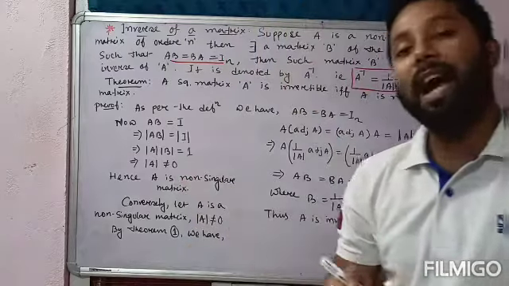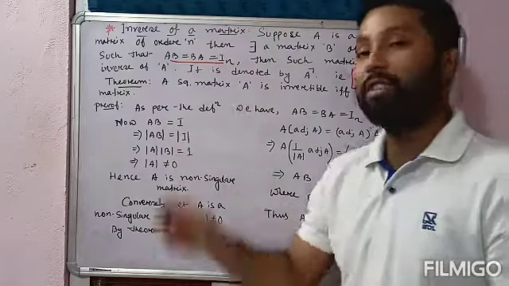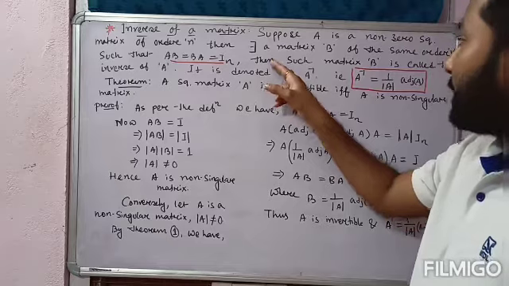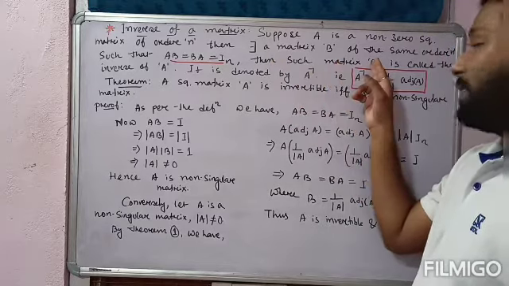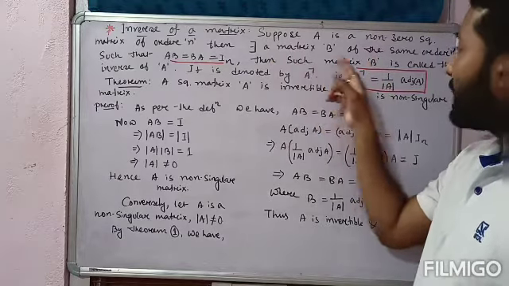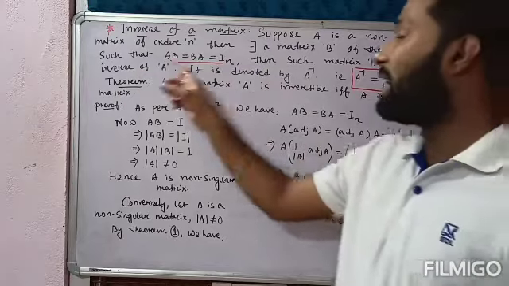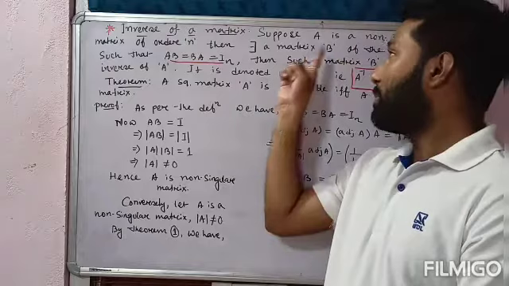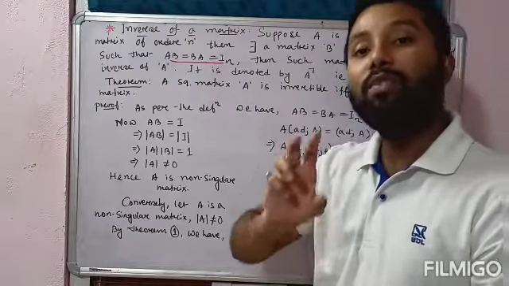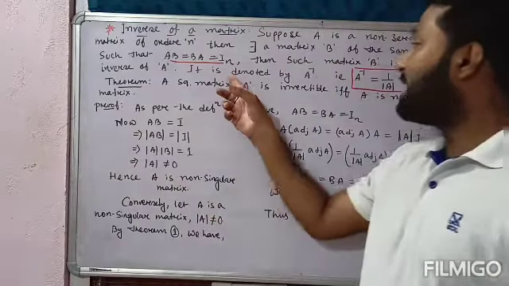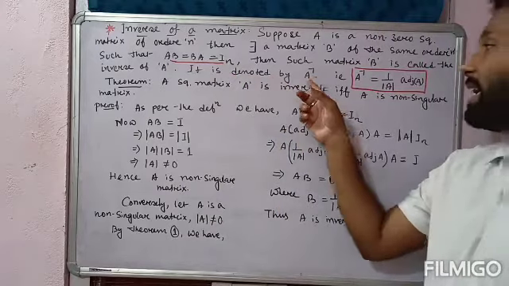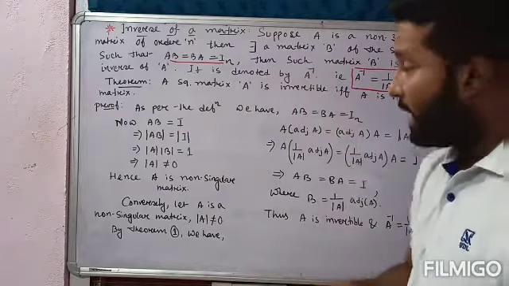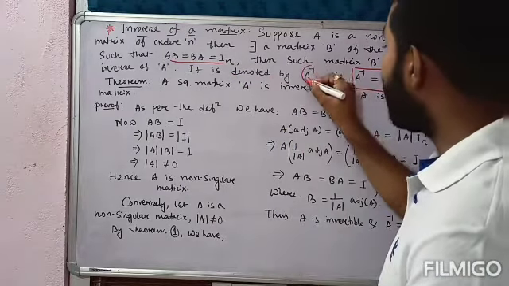What is I? I is the identity matrix of order n. Then such matrix B is called the inverse of A. Okay, the matrix B is called the inverse of A, and it is denoted by A inverse, that is A to the power minus 1.